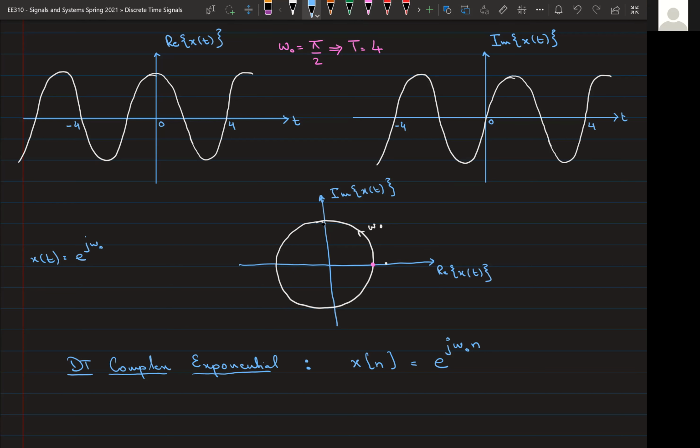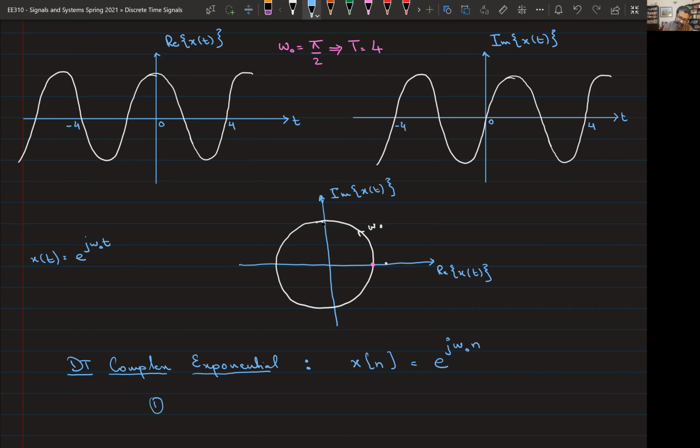N has to be an integer always here. Excellent. So essentially the signal that you're getting is no longer defined over the continuous time, but rather only over integers, right?